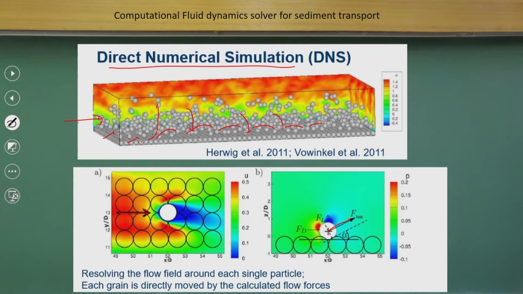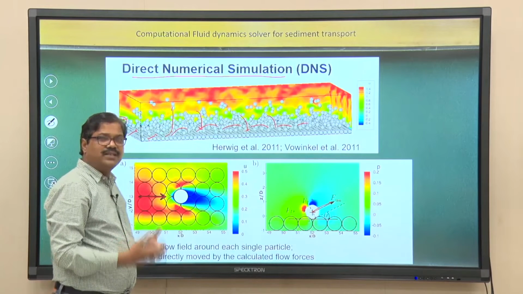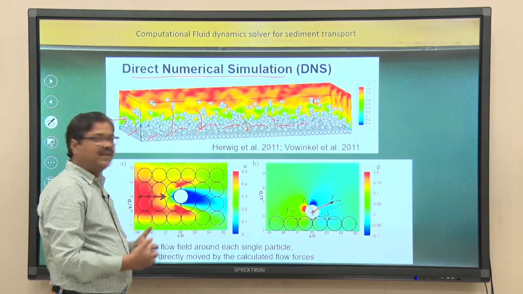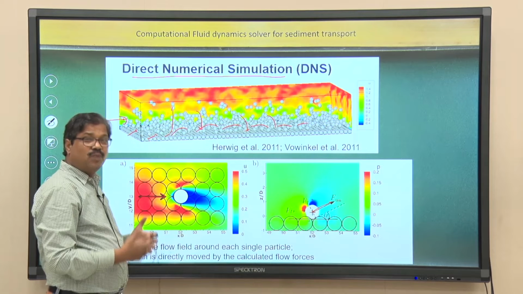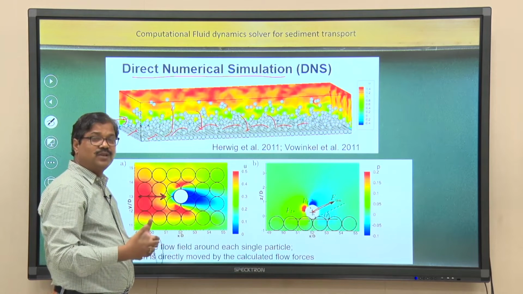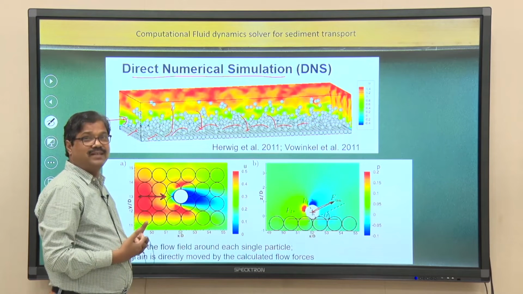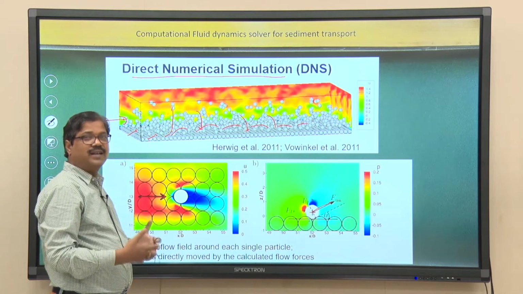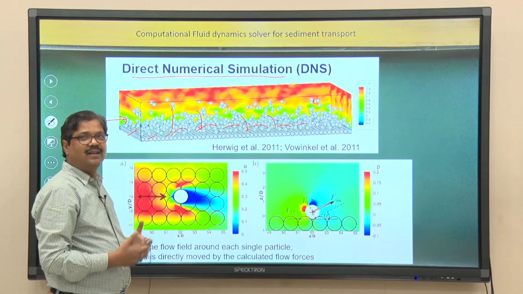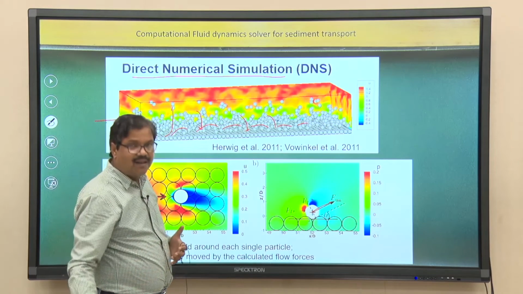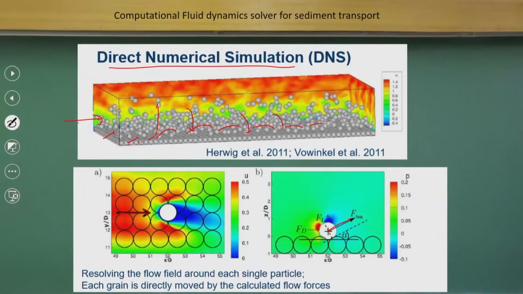That is the present area we are working in at the particle level, but most of the equations developed for sediment transport are not at the particle level; they are based on gross characteristics. Let us try to understand it at the gross characteristics level, not the particle level.